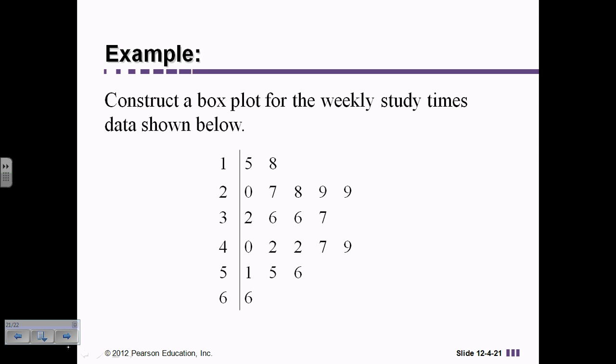So let me explain this to you. We're going to go through and find all of our data here. The first thing we need is quartile 2, which is the middle of this set of data. There are 20 sets of data, so if I do 21 divided by 2, I'm going to get 10.5.